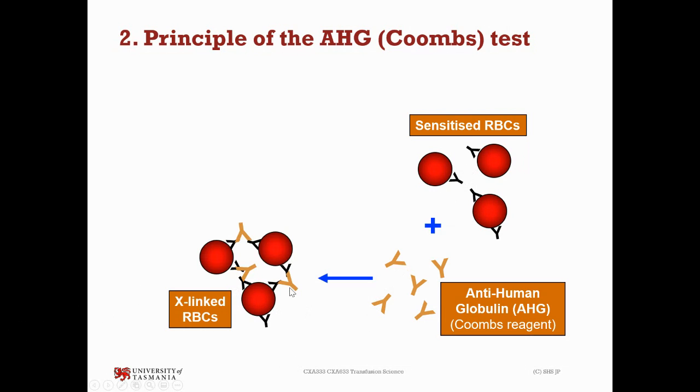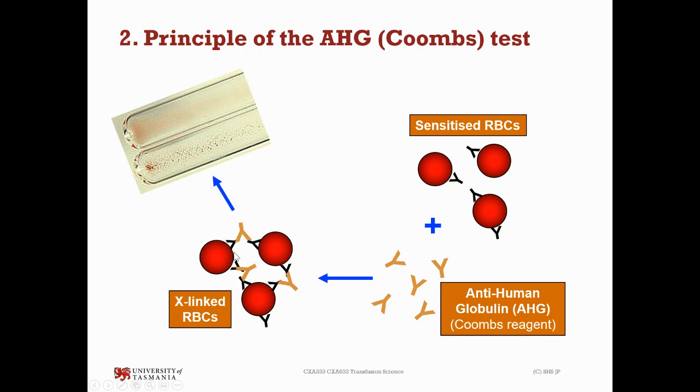Then the anti-human globulin attaches to the Fc portion of the IgG antibodies and is able to cross-link the red cells. We therefore end up with agglutination that we can visualize. All right, so that is the principle of the test. We are adding anti-human globulin reagent to previously sensitized red cells.